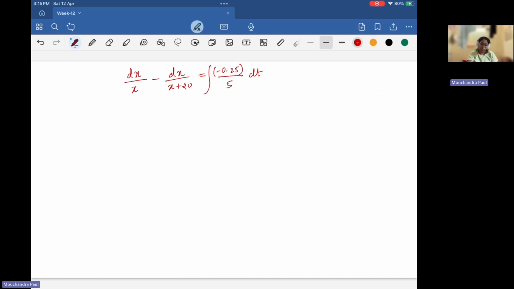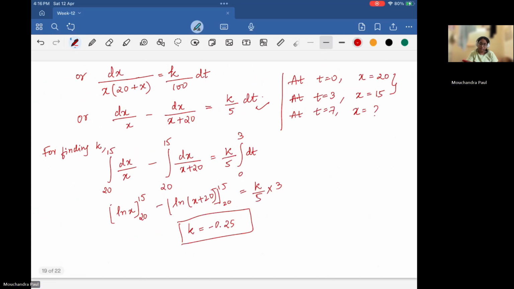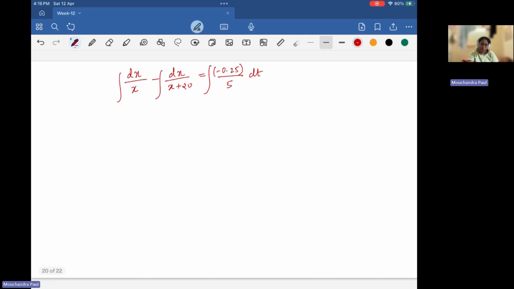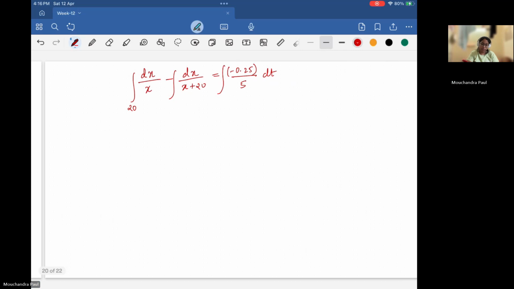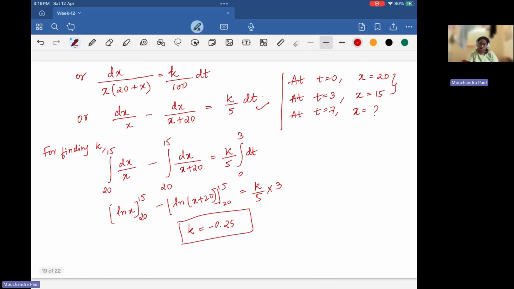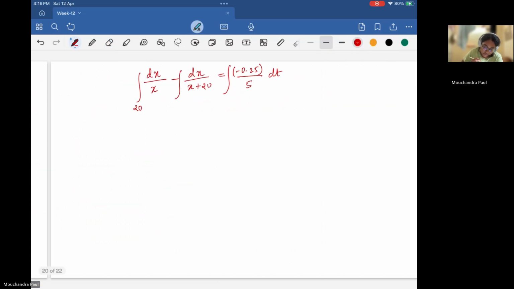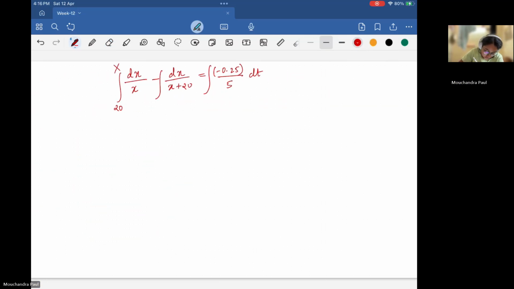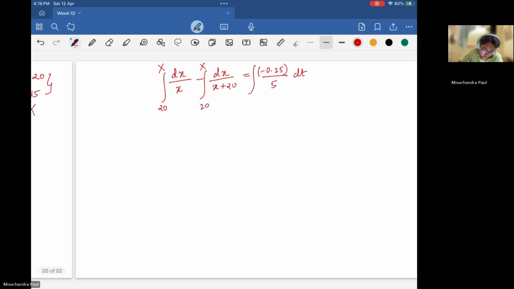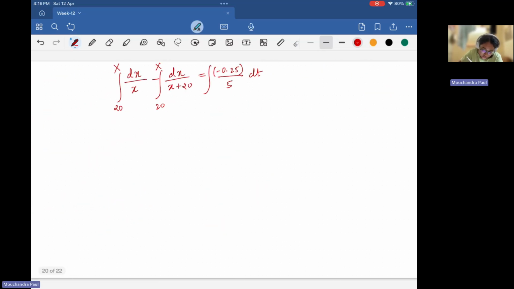Now here integration will be given x limited, and let's consider a variable, capital X, between times 0 to 7.